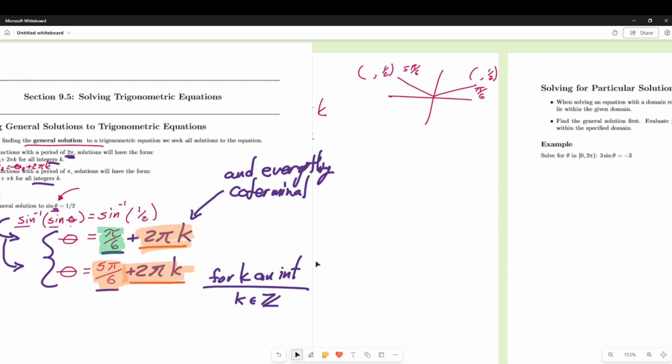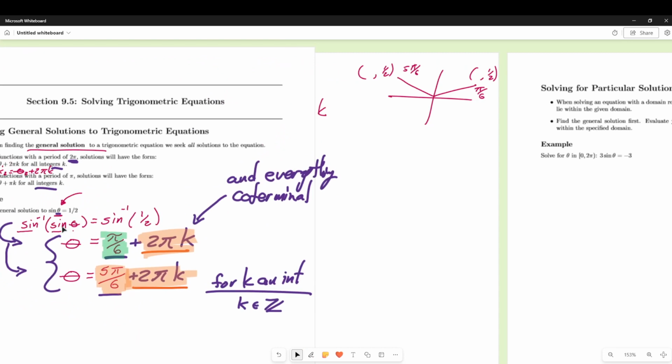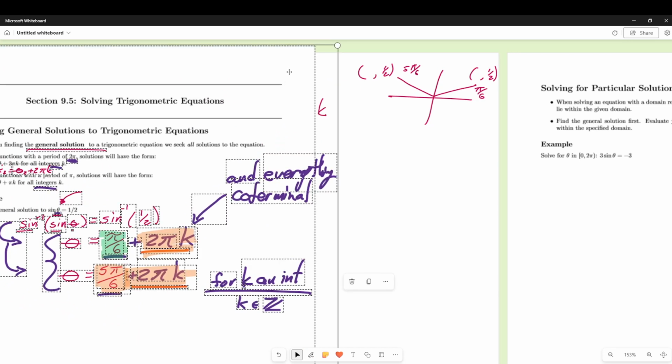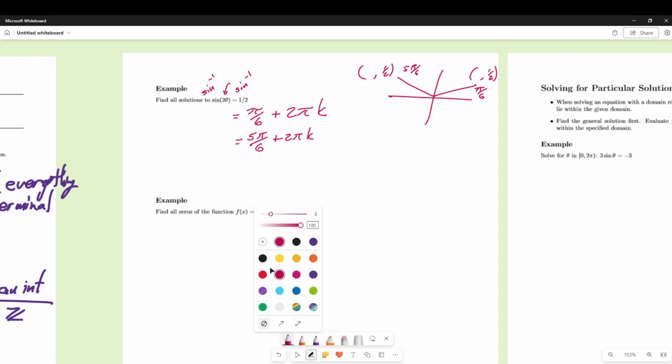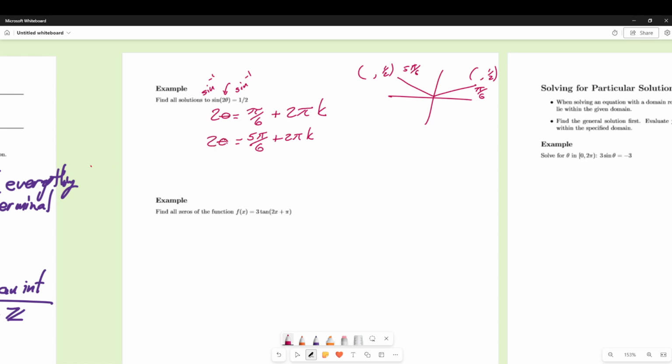However, over here we had the sine inverse of the sine of theta, so theta equaled that. But here that 2 theta remains behind when we get rid of that sine function. So there's a 2 theta left behind here. Now be very careful. That 2 theta has to appear as soon as you do this sine inverse thing.